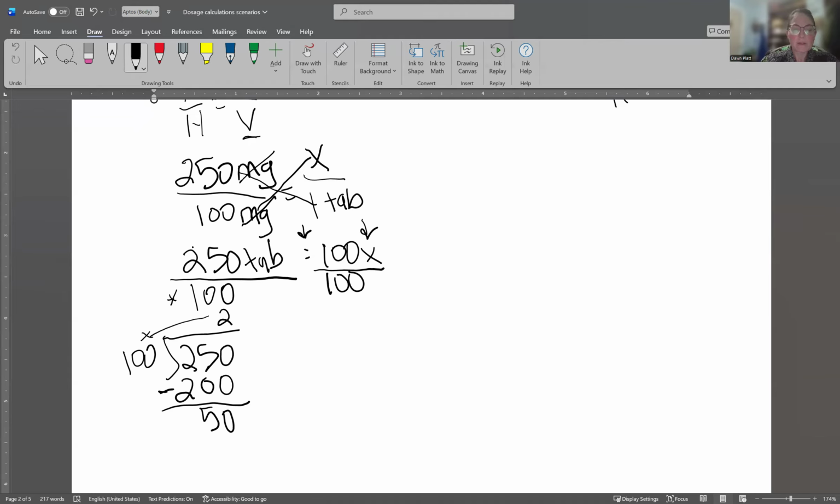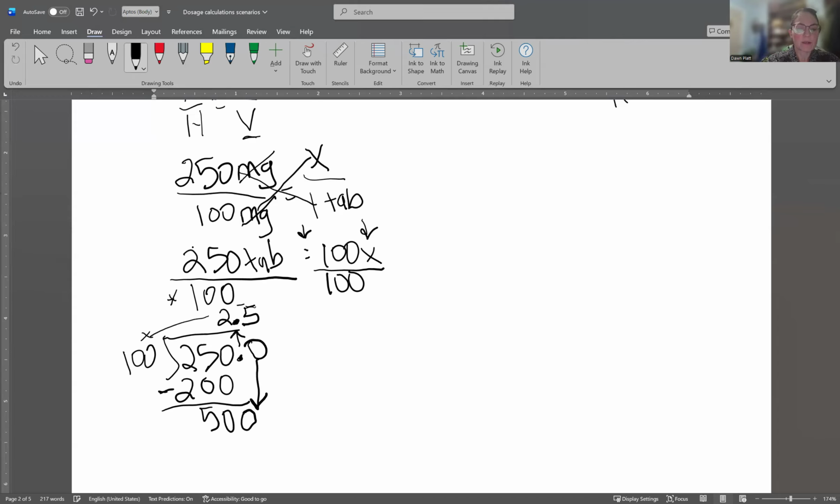If I have a remainder, I have to go further in the division problem. To do that, you add a decimal point, which goes straight up here, and add a 0, drop the 0 down, and it now becomes 500, and 100 into 500 is an even 5. So 100 goes into 500 five times, put 5 here.